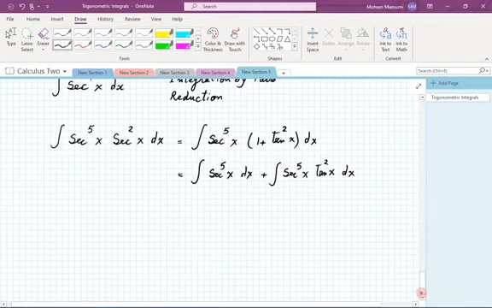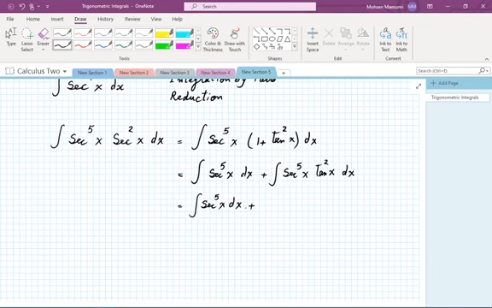Next up, well, I seem to have jumped from the frying pan into the fire. Now I have two of these functions, the total power is still 7. How do I proceed from here? I leave this one alone as an indication that I'm really doing reduction. Now secant and tangent, we take u just like what we did for the secant cube.